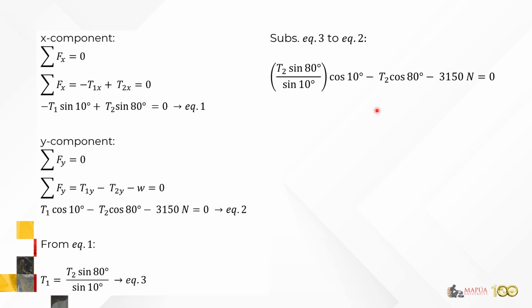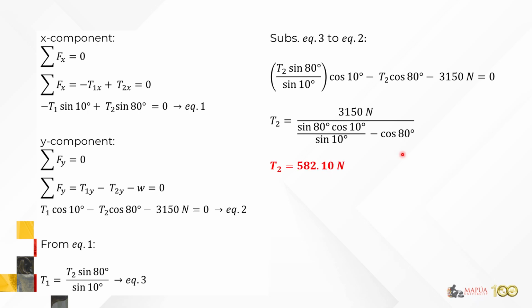Okay, so to isolate t sub 2, you should get t sub 2 is equal to 3,150 newtons over sine 80 degrees cosine 10 degrees all over sine 10 degrees minus cosine 80 degrees. Then you can now solve this one. T sub 2 must be equal to 582.10 newtons.